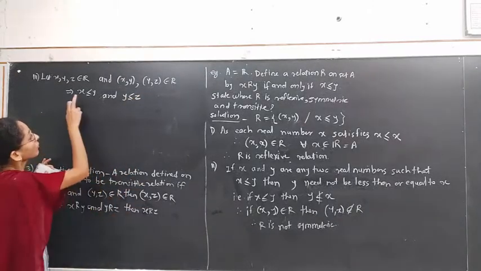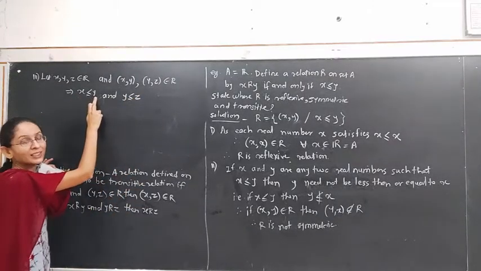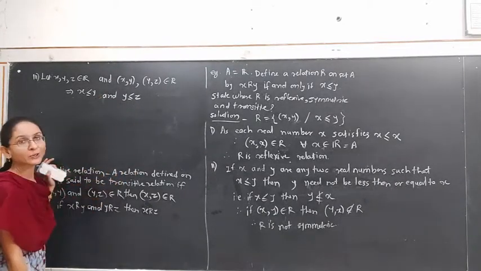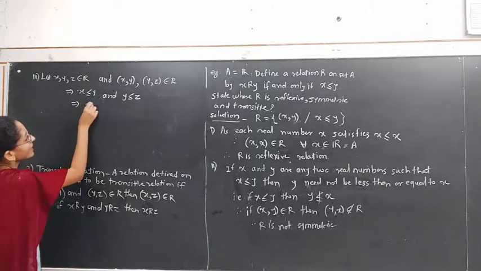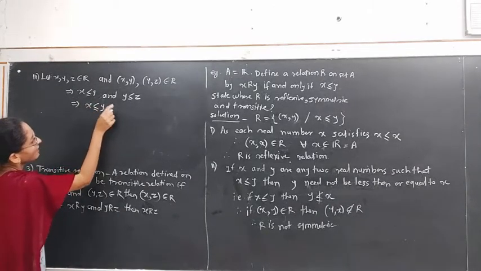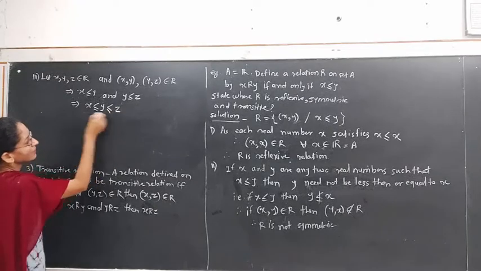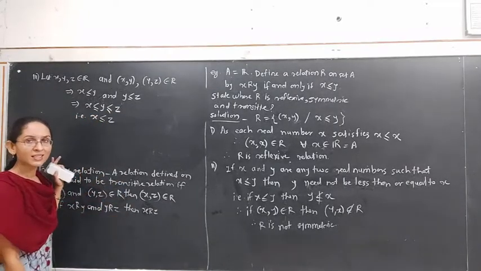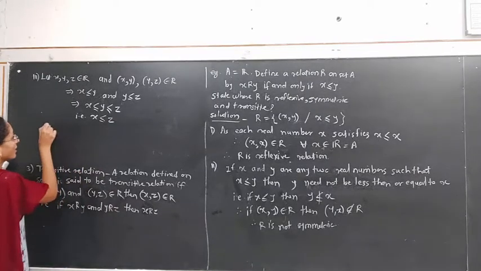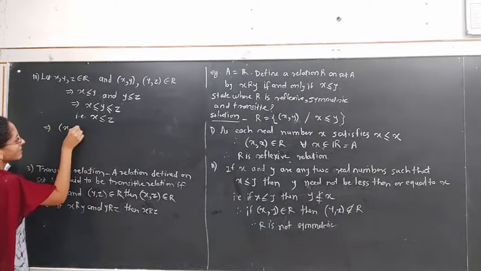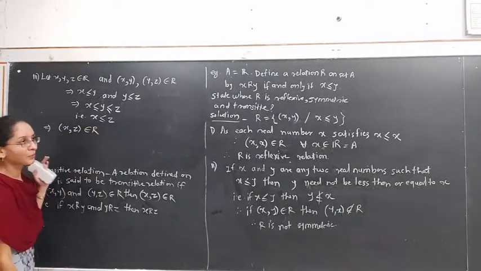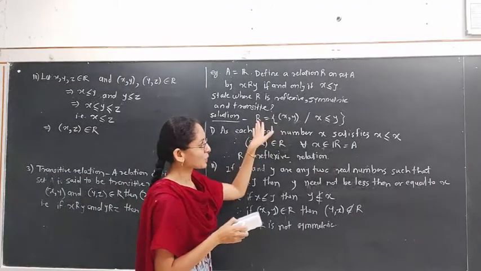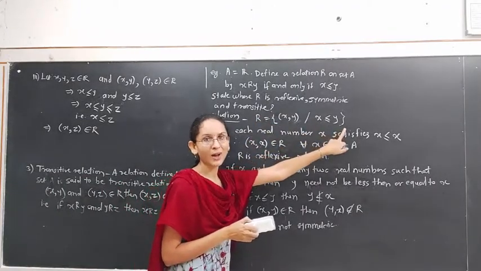We know that if one real number is less than or equal to another, which is less than or equal to a third, then the first real number is less than or equal to the third. This implies x less than or equal to y and y less than or equal to z, that is, x is less than or equal to z. If x is less than or equal to z, then the ordered pair (x, z) belongs to R, because this is the definition of the relation.